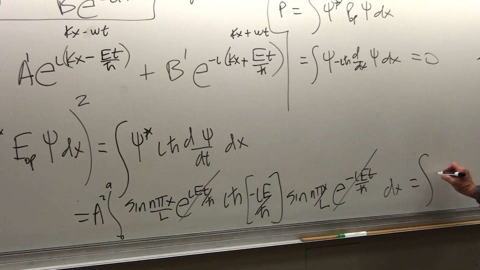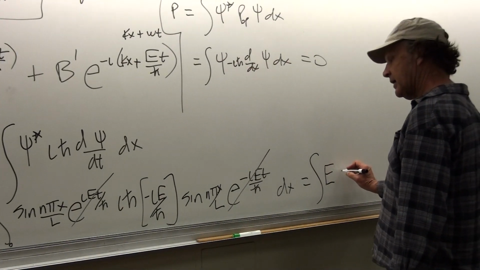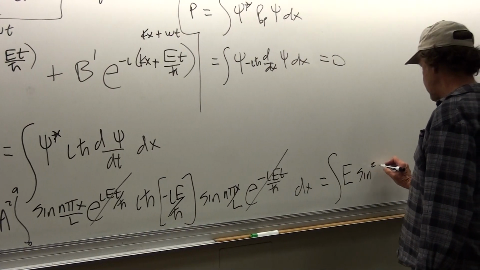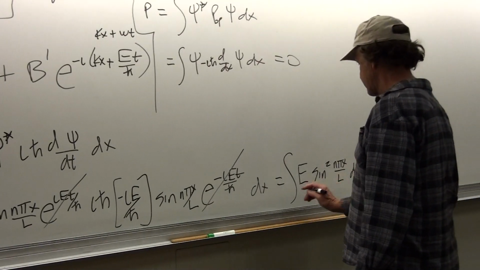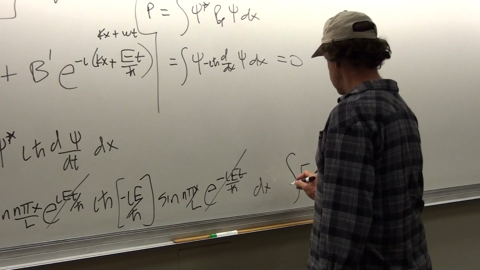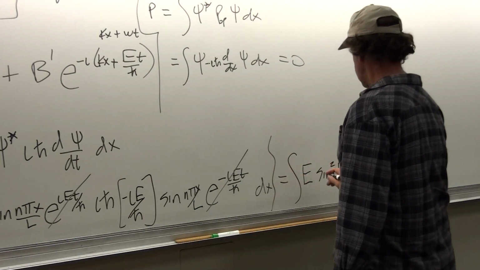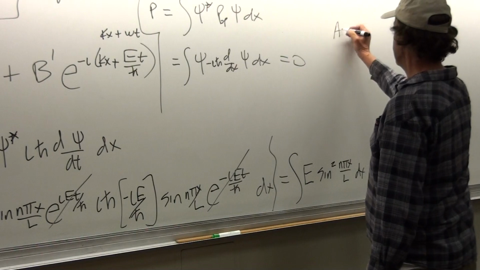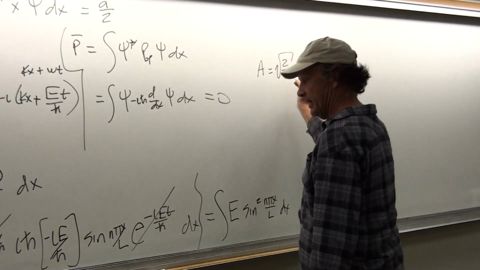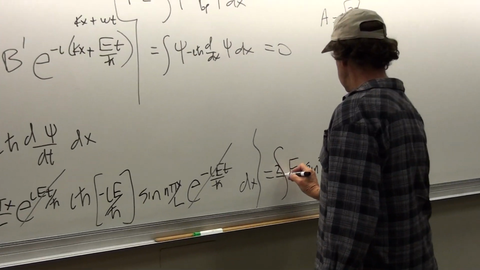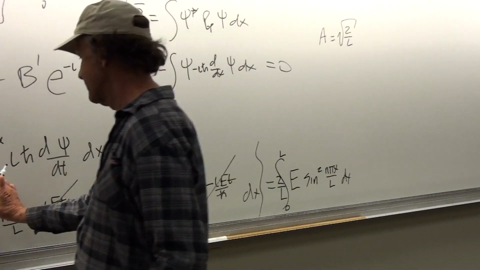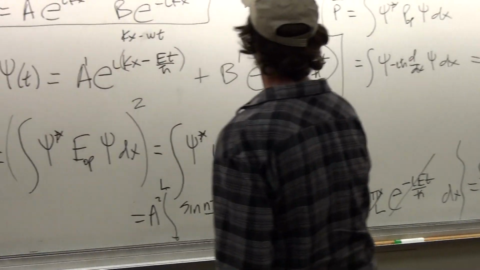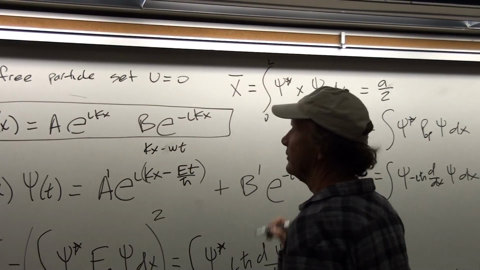So that's just E. So we end up then with just E times the sine squared of n pi x over L dx times our amplitude factor, which is going to be 2 over L, because A was equal to the square root of 2 over L. And so then we have an A squared here, so that'll be 2 over L. Integrate this from 0, I guess we should be integrating this from 0 to L. Let's see, from 0 to a, calling L the length of the box.